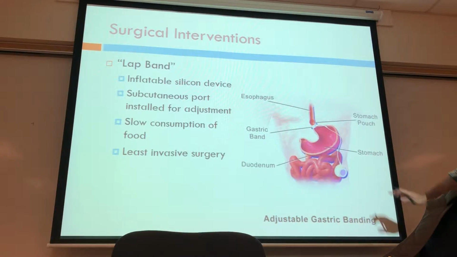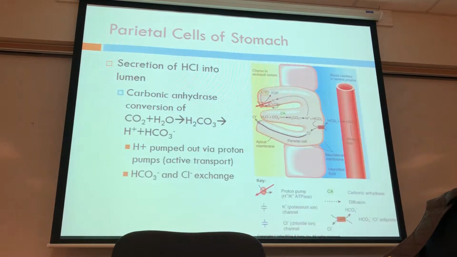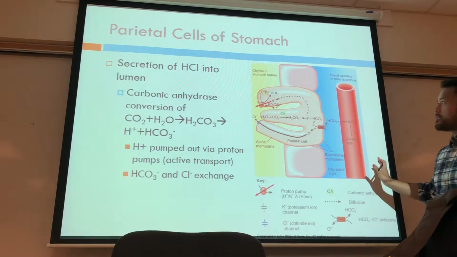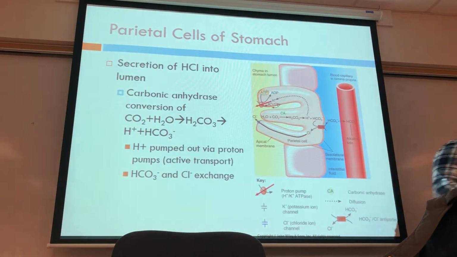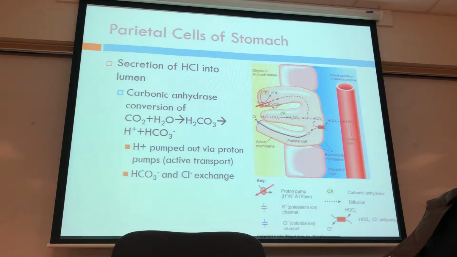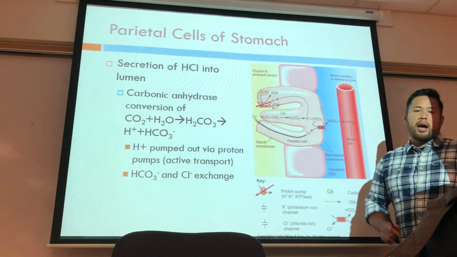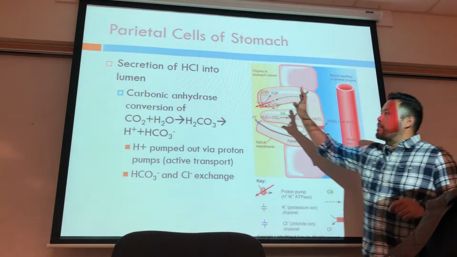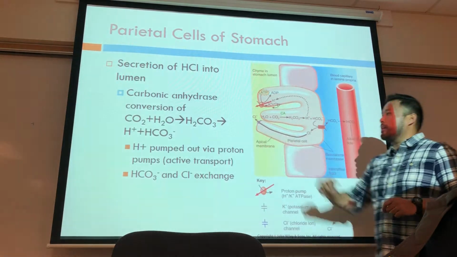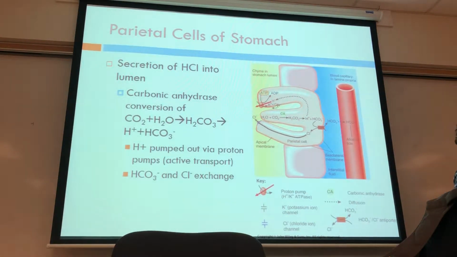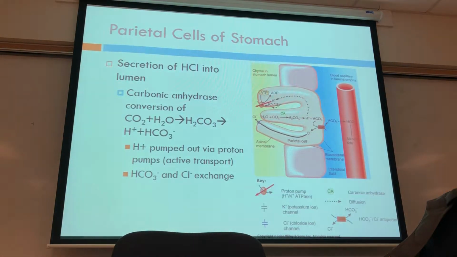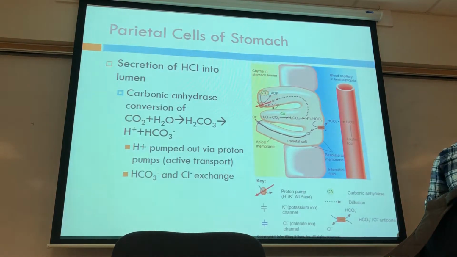gastric bypass. Now, I'm going to continue on to more the physiology of how we're going to produce hydrochloric acid in our parietal cells. As we talked about the two different types of cells in the stomach, we saw chief cells that produce pepsinogen that became activated in the low pH lumen of the stomach, and that pepsinogen was turned into pepsin, which were our proteases.